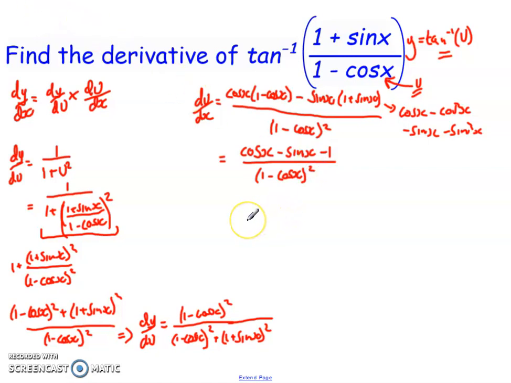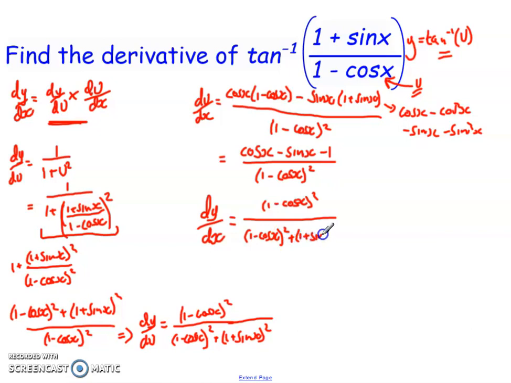Now that I've got the two parts, I combine them using the rule and I get my full derivative. So dy by dx is going to equal my dy by du, so (1 minus cos x) squared over (1 minus cos x) squared plus (1 plus sin x) squared.